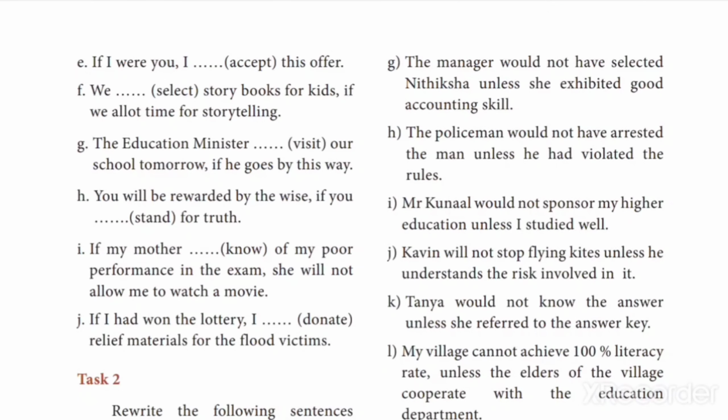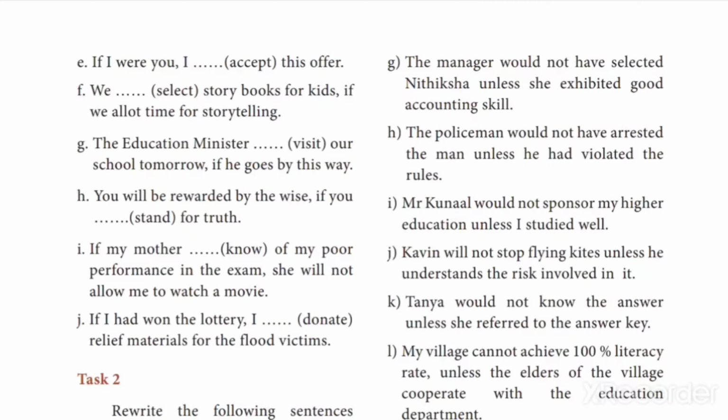And we have to move on to the next one, G. Sentence G. The manager would not have selected Nitiksha unless she exhibited good accounting skill. So we are going to replace unless with if, and then the verb here is exhibited. It should be converted into a negative one. Fine. Now take a look at the verb of the main clause. It is would not have selected.